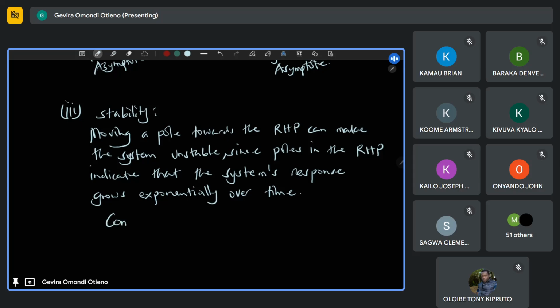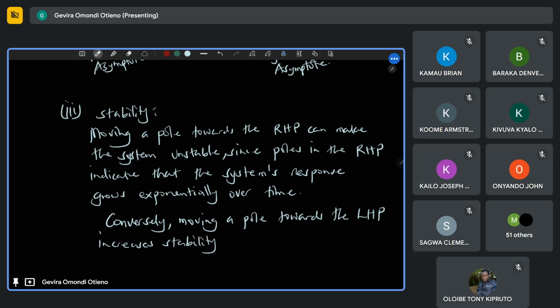So you can say conversely, moving a pole towards the left half plane increases stability of the system. Let me use the same wording.